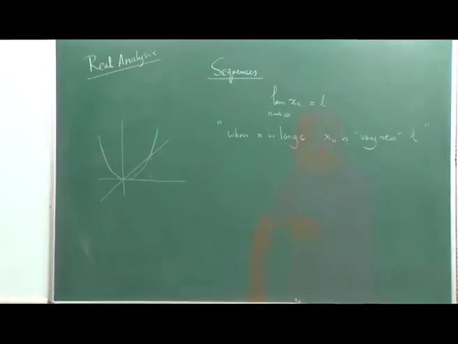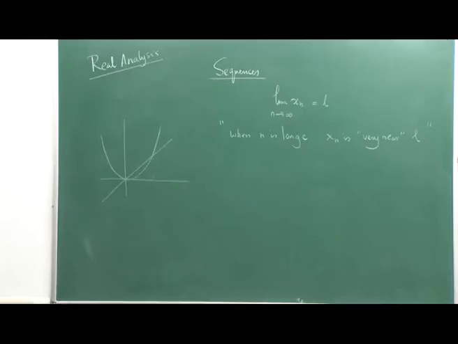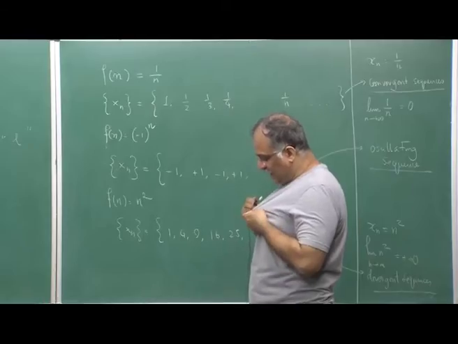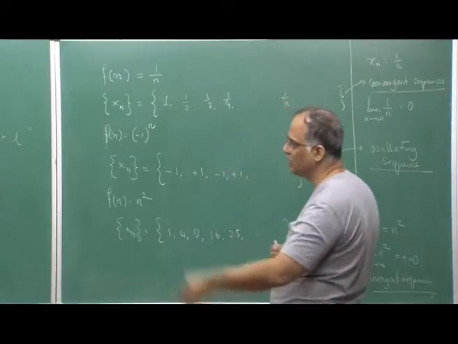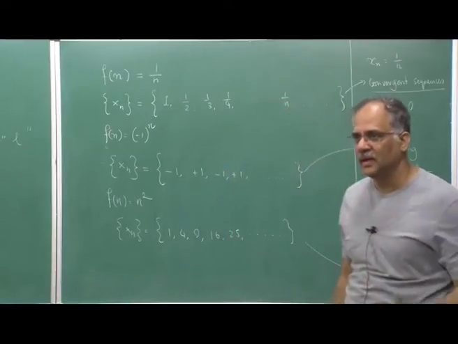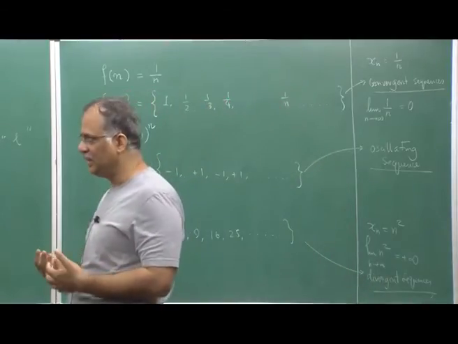I say okay, choose a distance between xn and L. For what n will the distance between xn and L be less than a given epsilon which I give to you? So, the question is very natural.